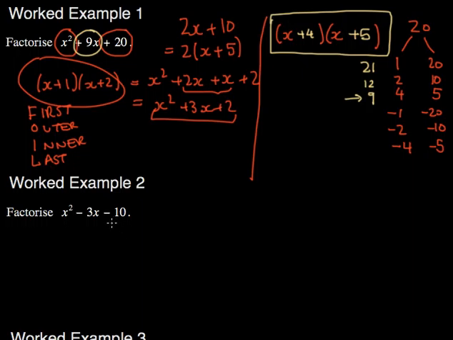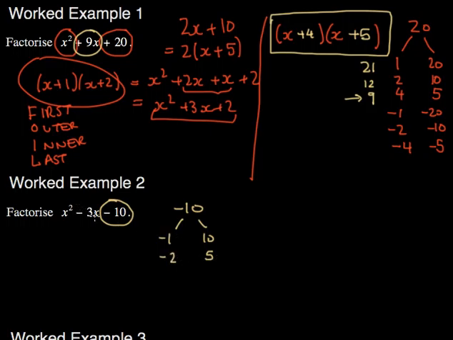Let's have a look at the second example and see if we can use the same method. So this minus 10 here, two factors of minus 10 that add up to make minus 3. So we would have minus 1 and 10. That doesn't work. Minus 2 and 5 does work.